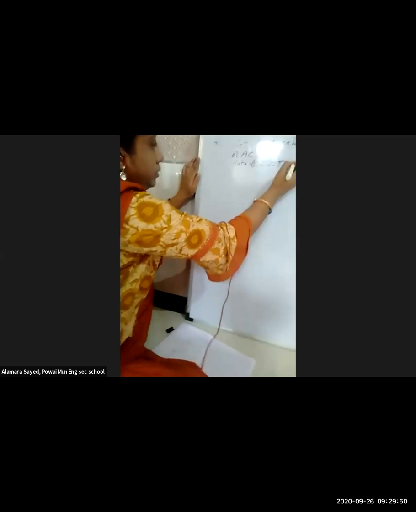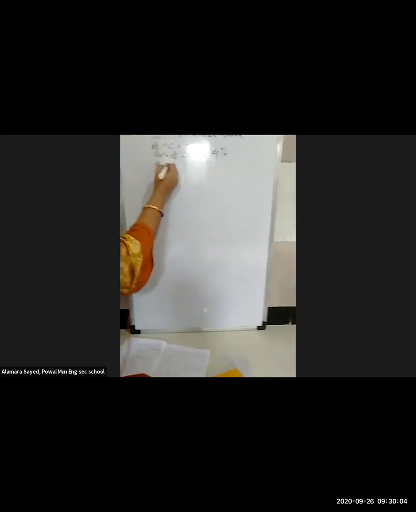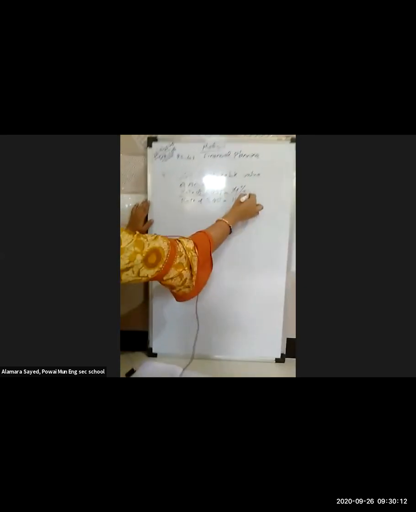If rate of CGST is 14%, we can say that rate of SGST will also be 14%. So here we have done rate of SGST, that is 14%. This is the first thing that we have to find.